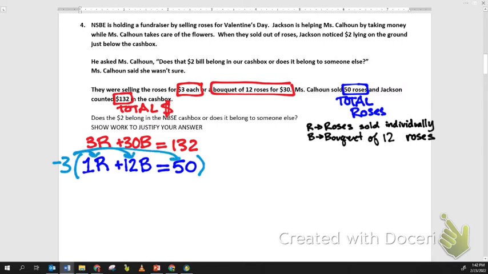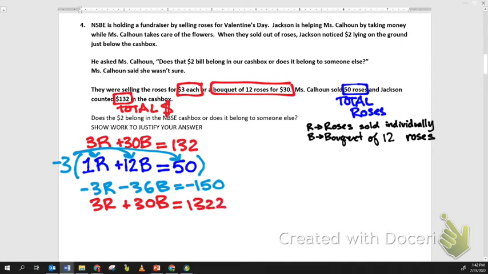And when I distribute that out, I'll end up having -3R minus 36B equals -150. And now I want to combine that with that first equation.